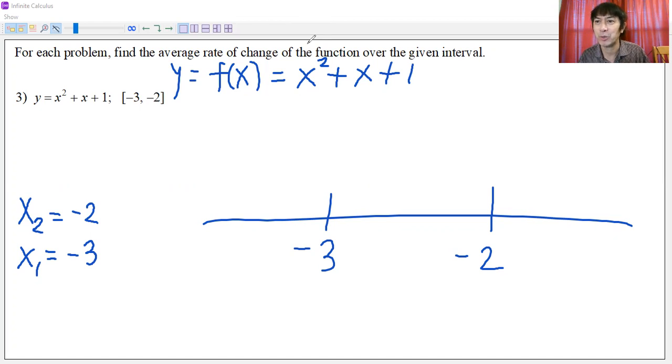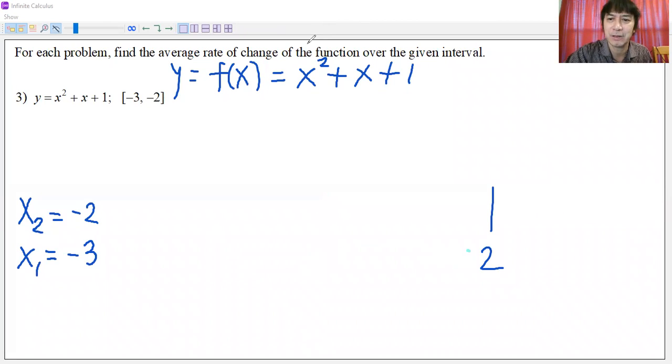Do not be confused with 3 and 2. In negative numbers, the higher the magnitude, that's the lower. So -100 is lower than -2. You can see that in the number line. Just a little clarification there. Let me remove my writing there.